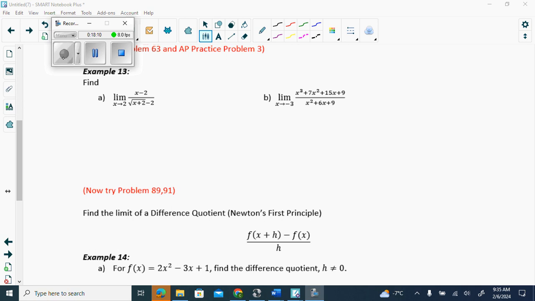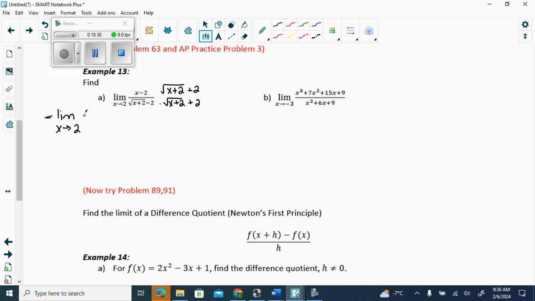So for A, we have to multiply by the conjugate. So we're going to multiply by square root of x plus 2 plus 2. And so we're going to get the limit as x approaches 2. The top, are we going to distribute the top? We don't distribute the ones that aren't conjugates. We do distribute the ones that are conjugates.